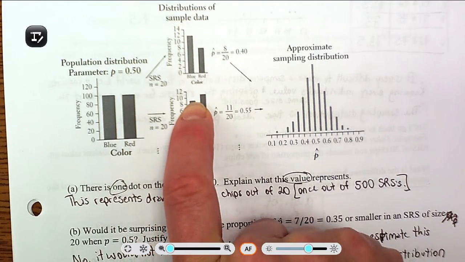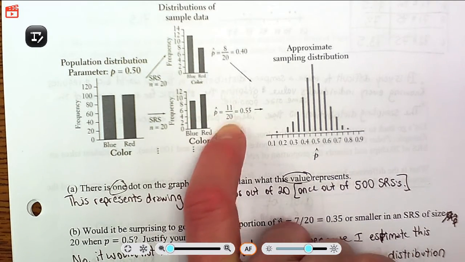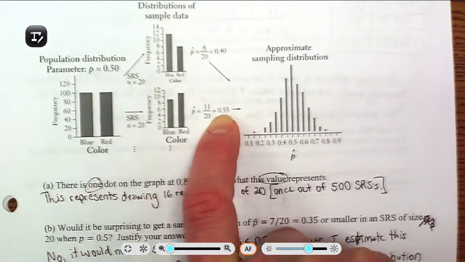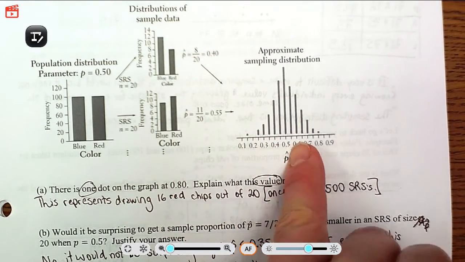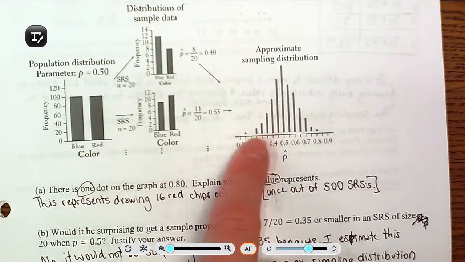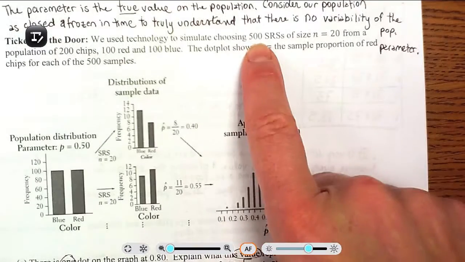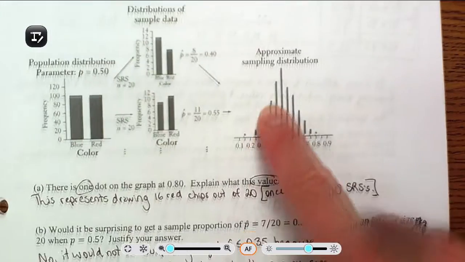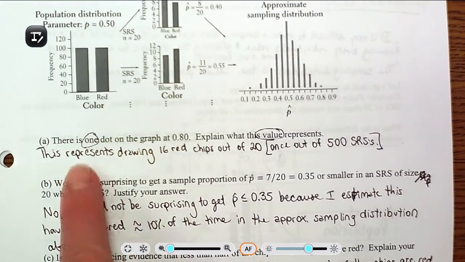Another time we got 9 blue and 11 red. So then the proportion of red was 11 out of 20, which is 0.55. So we take 0.40, put a dot, 0.55, put a dot, and we keep taking more and more and more samples and putting more and more dots here. Now, after we've taken 500 samples and put 500 dots here, we start to see this develop.